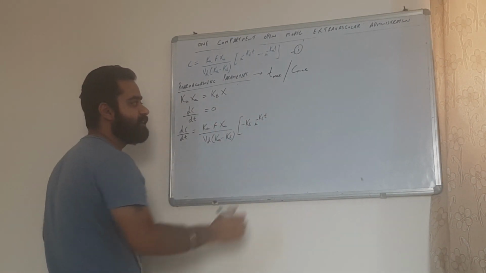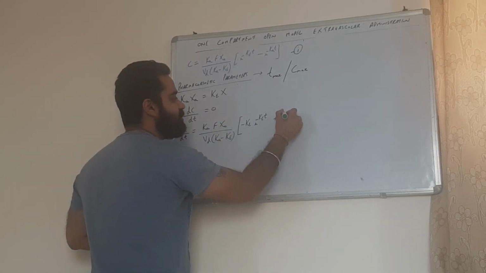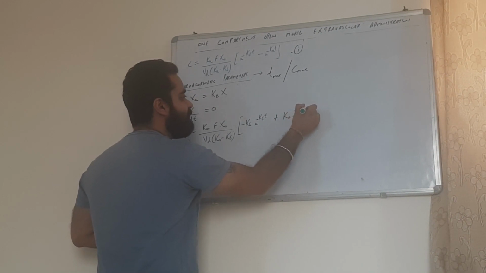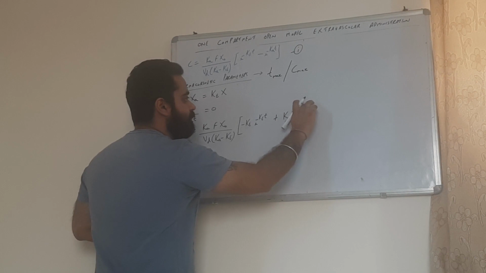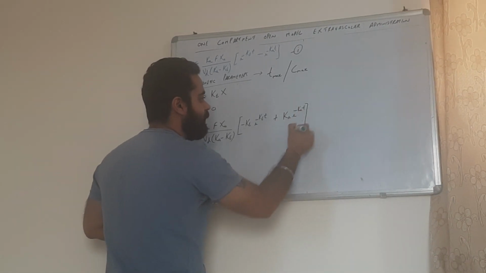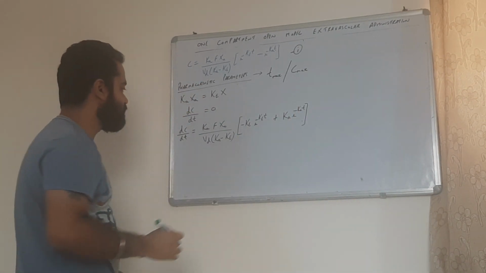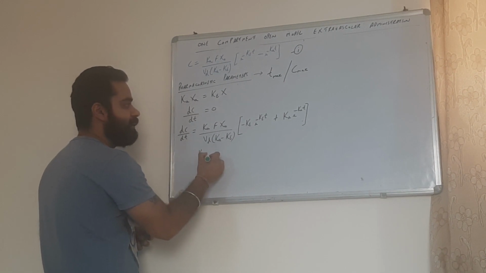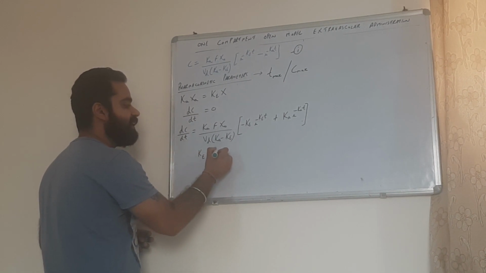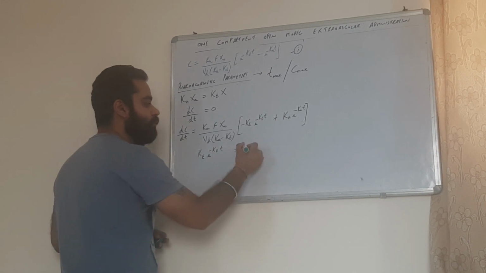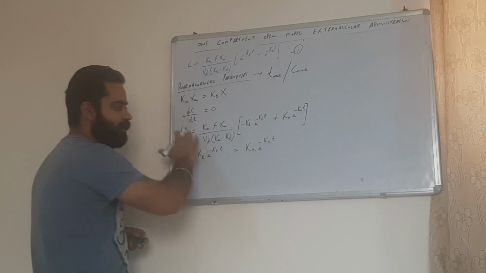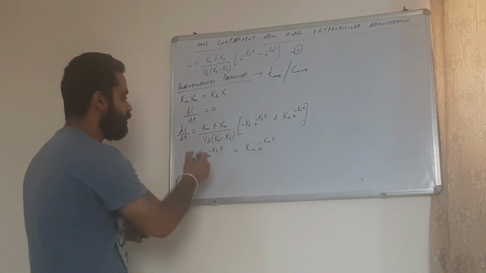This expression changes slightly because of the differentiation: Ka e to the power minus Kat. Now on simplifying this expression, what do we get? We get Ke e to the power minus Ket is equal to Ka e to the power minus Kat. The remaining part is simplified. This is what we get.